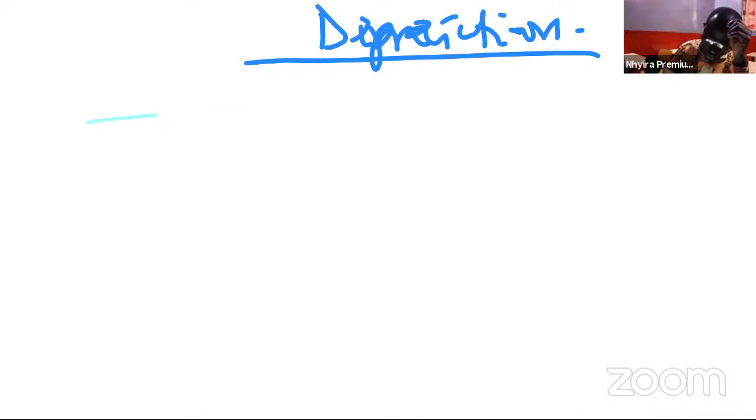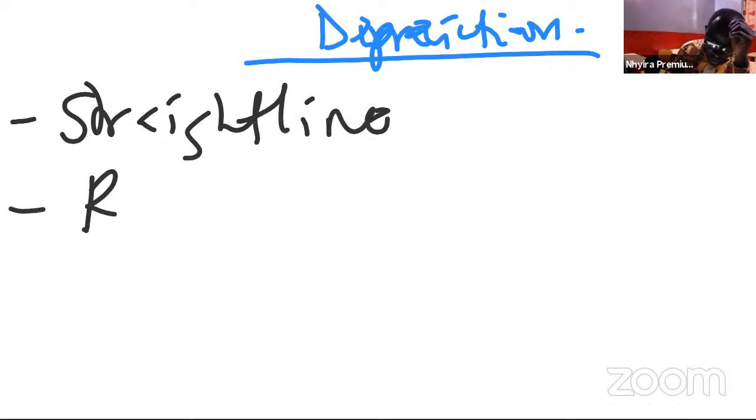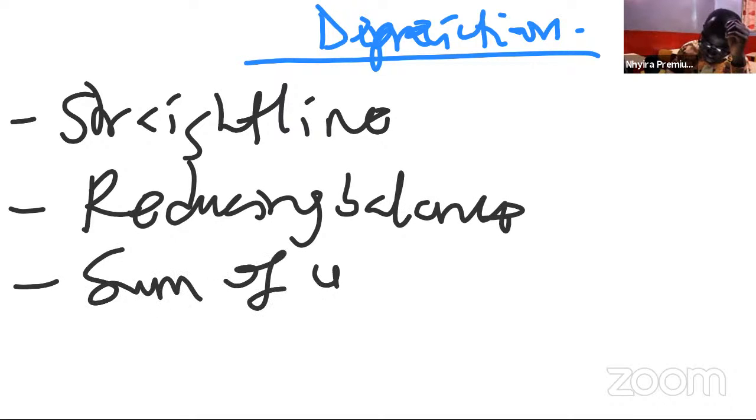Let's write that well. So the first one is going to be straight line method. Second one, it's the reducing balance method. And then sum of year digits.